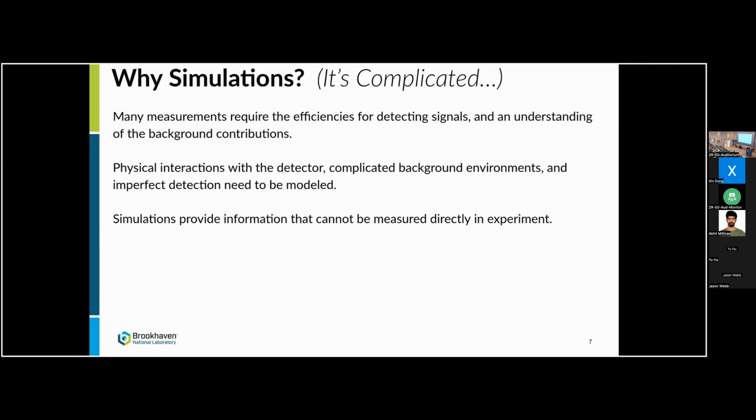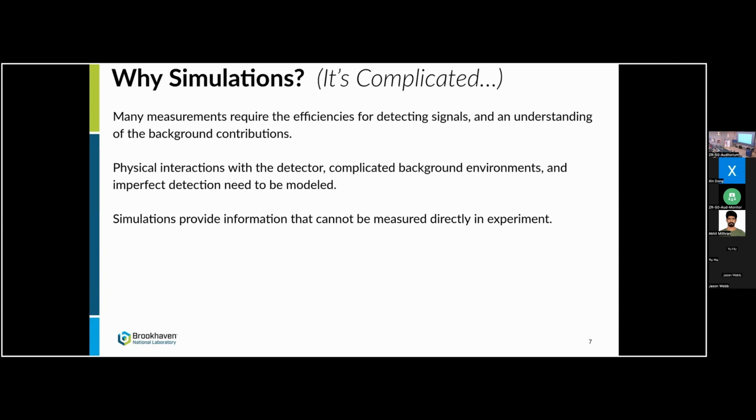All right, so many measurements require the efficiencies for detecting signals and understanding of the background contributions. In fact, I would say almost all of them. You can construct things that have ratios where the efficiencies cancel out to first order, but when you really try to get to the edges of your acceptance, you really do need to have some more detailed understanding of your efficiencies.